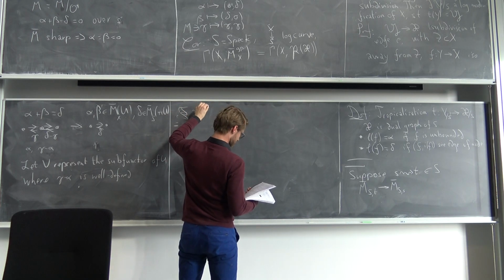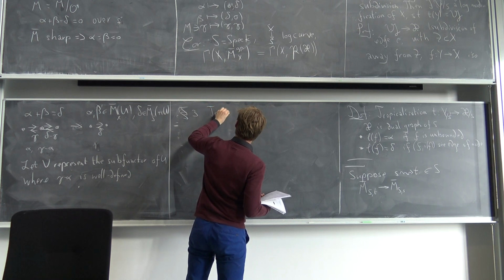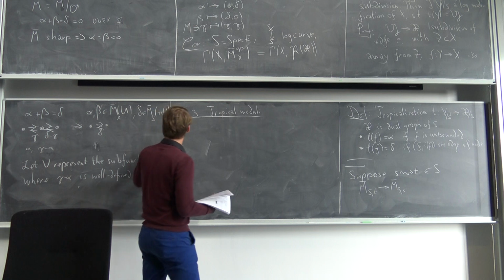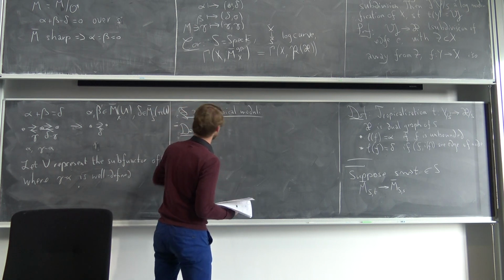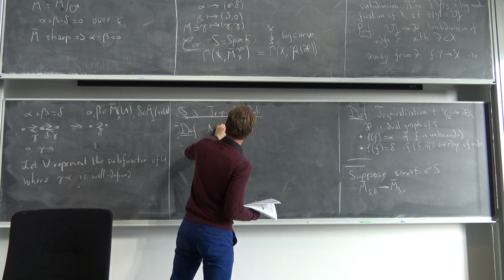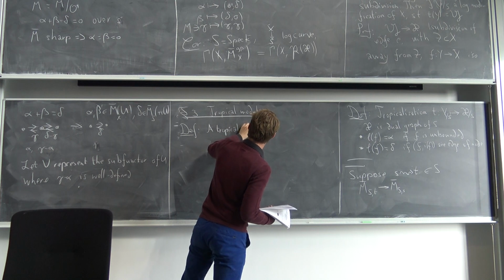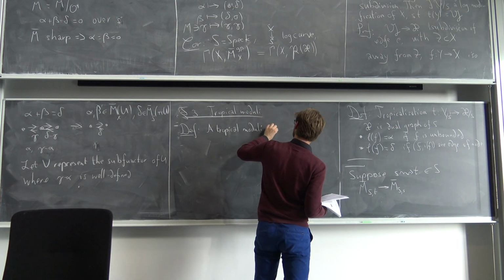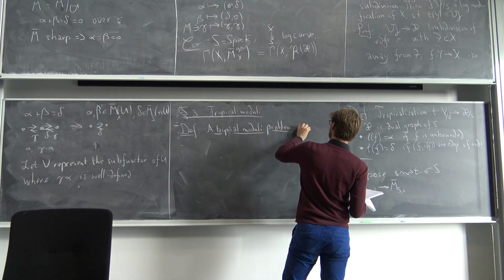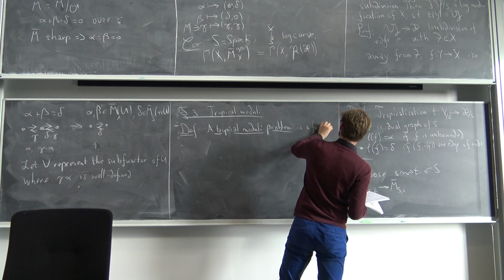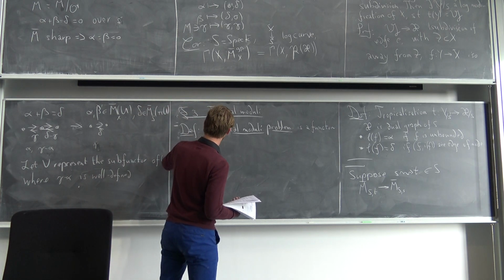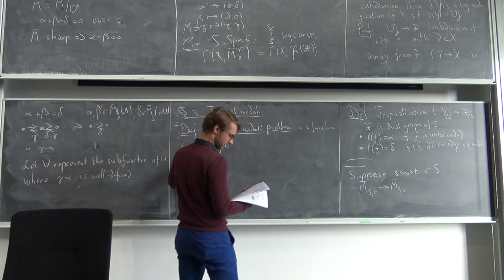So this is 3. Tropical moduli. So the definition they give, or which they say they are going to use, is: a tropical moduli problem is a functor or category fibered in groupoids on certain kinds of monoids.